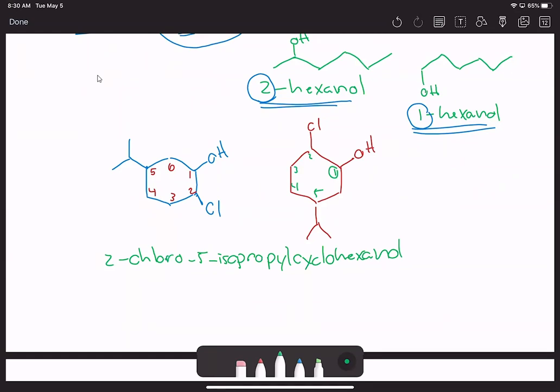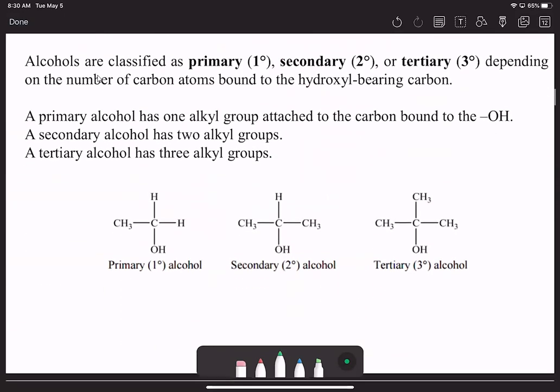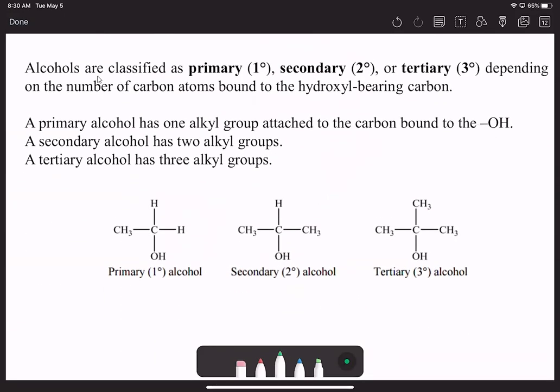So now that's kind of combining everything that we know as far as naming our alcohols here. What we do have is that not all alcohols are the same. We have different types of alcohols, right? Different classifications that we can classify them as primary alcohols, secondary alcohols, tertiary alcohols. And it all depends on the carbon that's bonded to this functional group, this hydroxyl group.